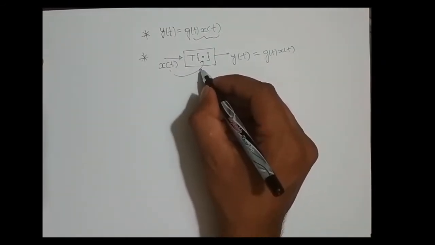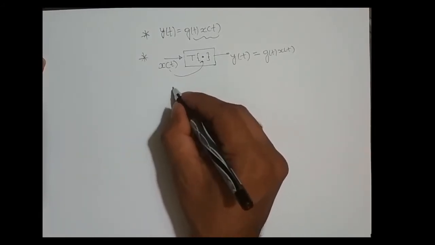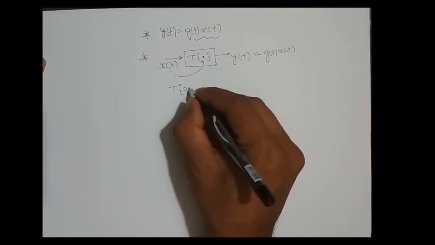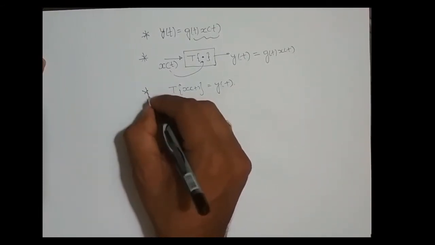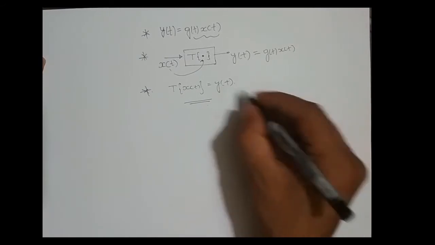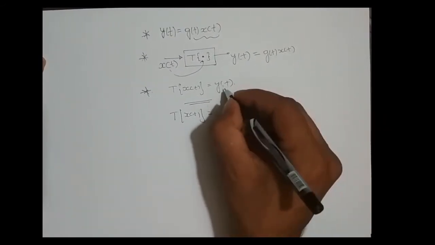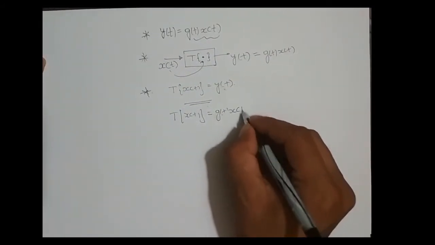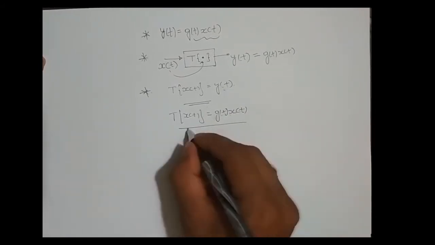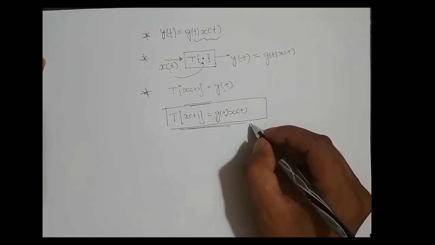This is the other way to represent a system, and one more way is the transformation of x of t is equal to y of t. This is the third way to represent the system, and what is y of t? y of t is g of t into x of t. Most of the time we use this equation to check the linearity property of a system.